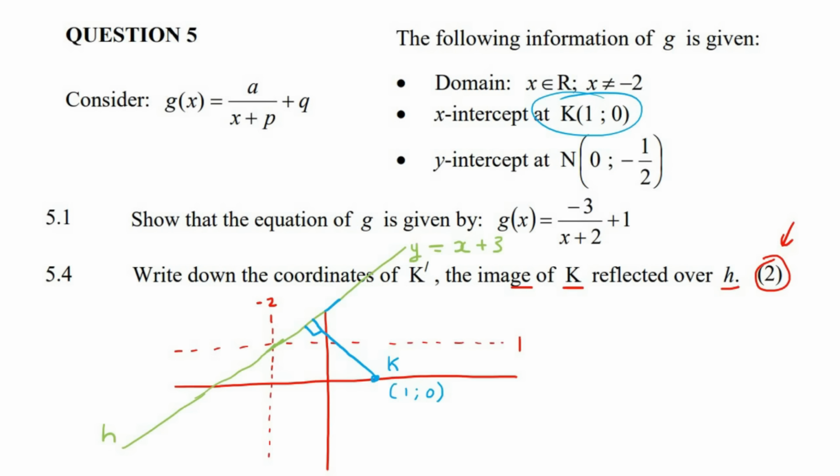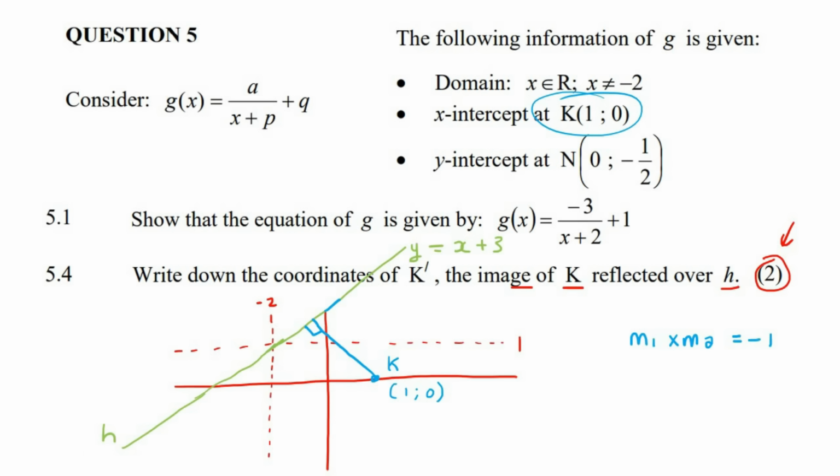The reason is that this line here, what is the gradient of that line? Can you remember? Well, it's 1, remember? So what is 90 degrees of that? So you know when two lines are perpendicular, or 90 degrees, when you multiply their gradients, it always equals -1. We know that.